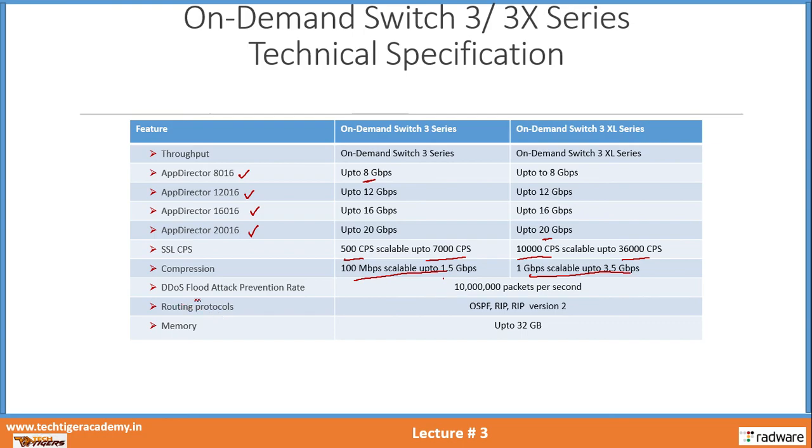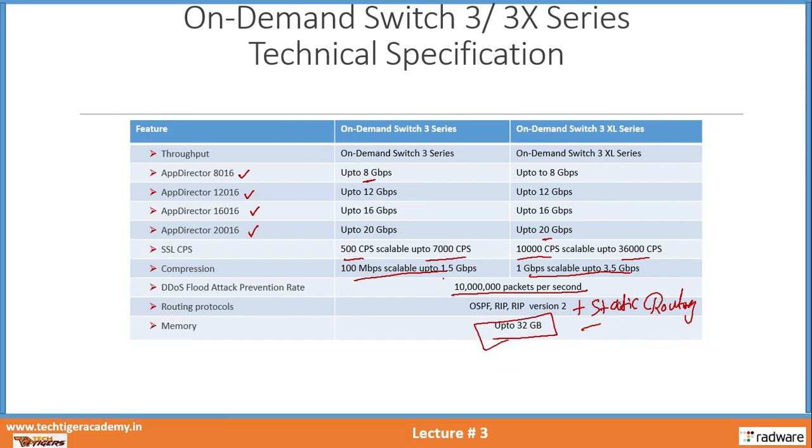DDoS flood protection is a huge number of packets per second, and it provides protection for the routing protocols OSPF, RIP version 2, plus static routing as well. And it provides memory of up to 32 GB.